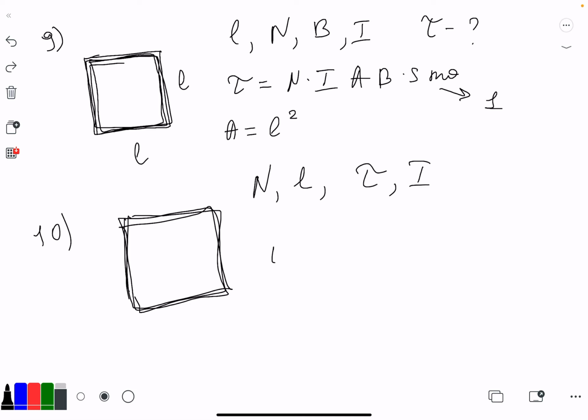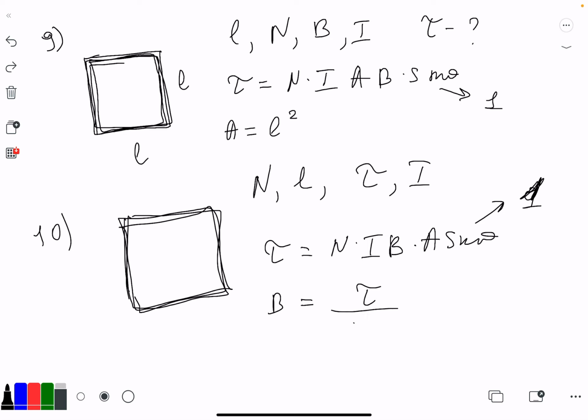Again, you use the formula where torque is equal to number of turns multiplied by current, magnetic field, area, and sine theta. In this case also sine theta is equal to 1. The magnetic field is equal to torque divided by number of turns, current, and area. So that's it. Everything is given, and if it's a square, the area is simply L squared.